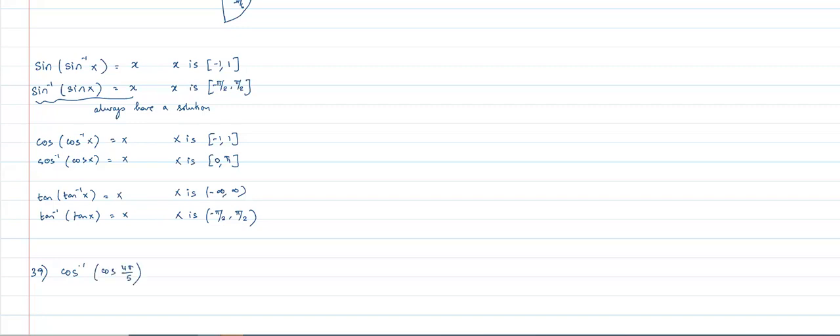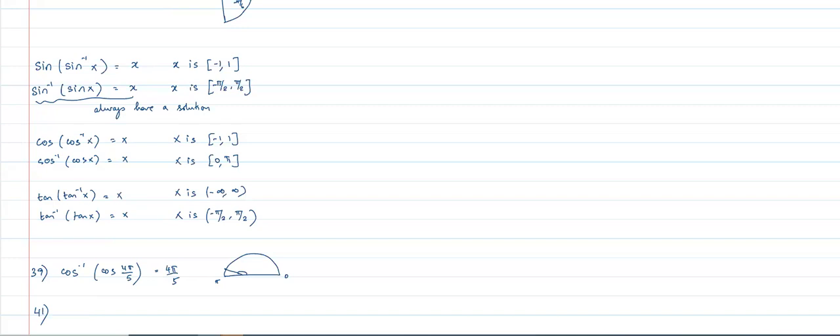The first thing you need to do is, where is 4 pi over 5? So 4 pi over 5 is less than pi. So 4 pi over 5 is in the second quadrant, which is within the interval for which cosine is defined. Therefore, my answer is just 4 pi over 5, and I'm done.